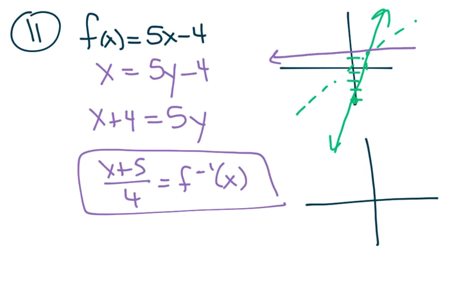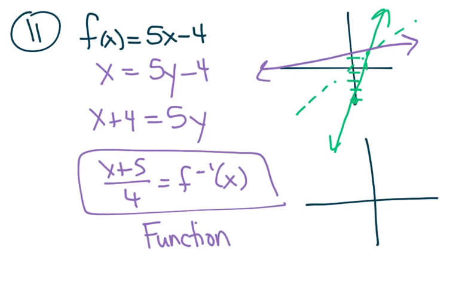That's a bad drawing. And perform the vertical line test on the new function, and as long as the vertical line never touches the new graph more than once, it must be a function. And it turns out that the inverse of the original function is a function.